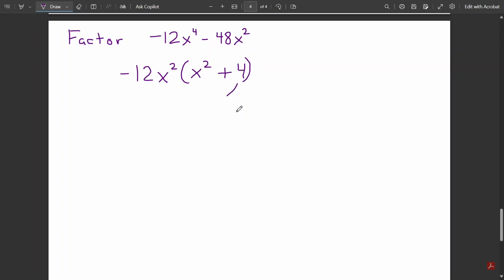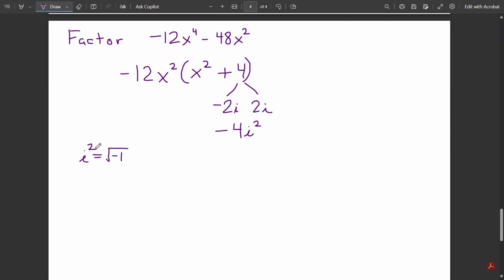But if I multiply negative 2i times 2i, I'm going to get negative 4i squared. Okay, so i is the square root of negative 1. So let's write that down over here. So i is the square root of negative 1.